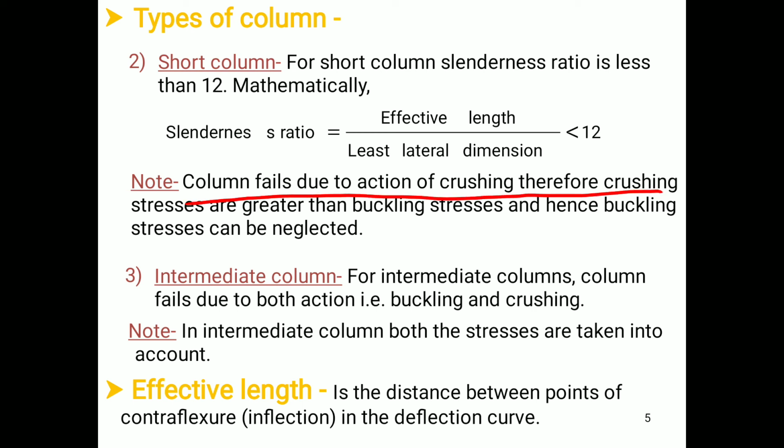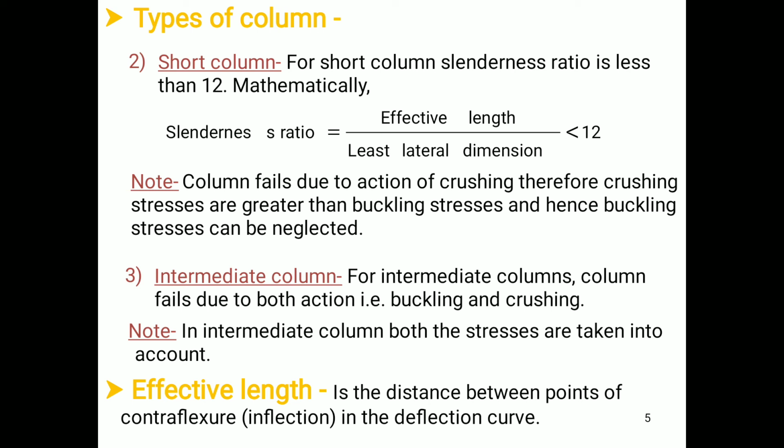Therefore, crushing stresses are greater than the buckling stresses, and hence buckling stresses can be neglected. It is the converse of the long column, so we can neglect the buckling stresses in case of a short column.